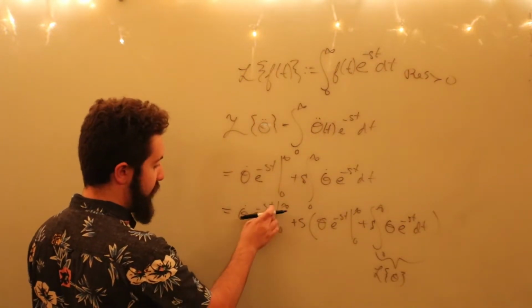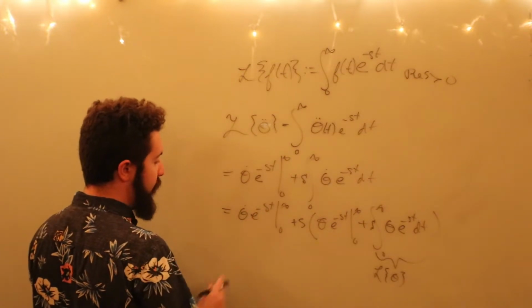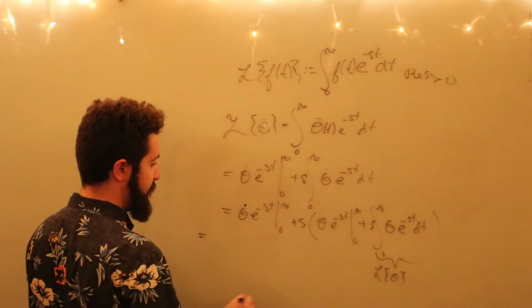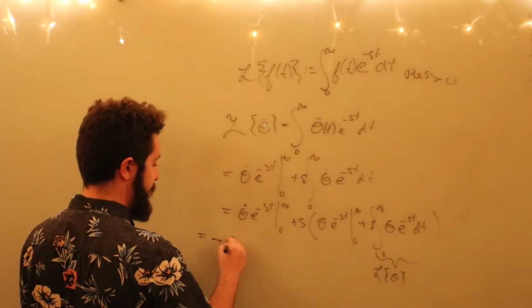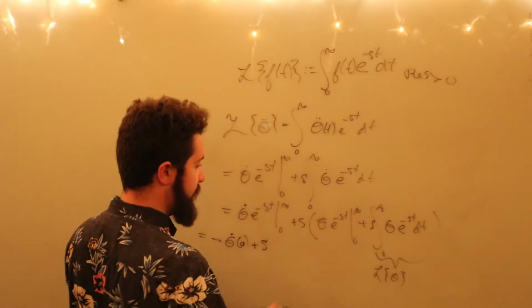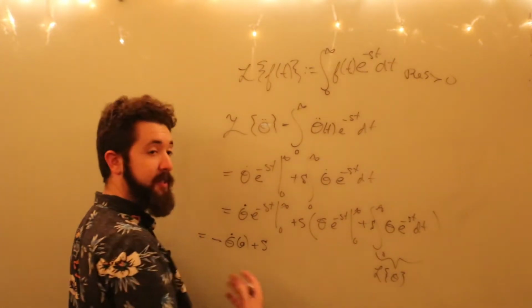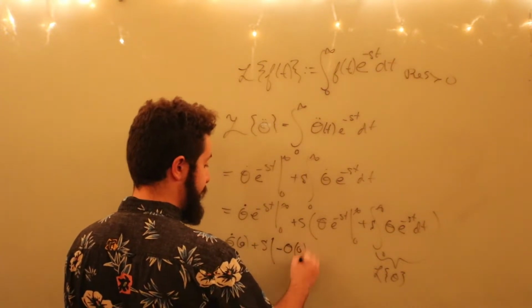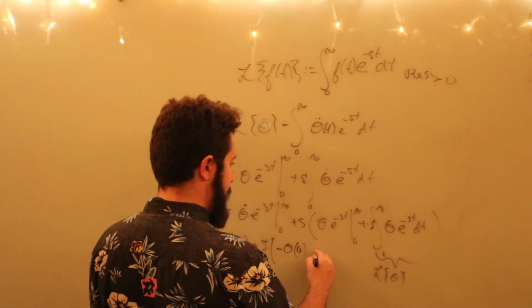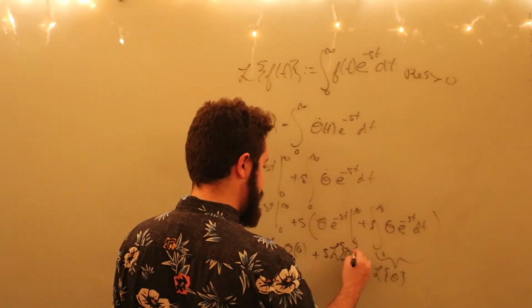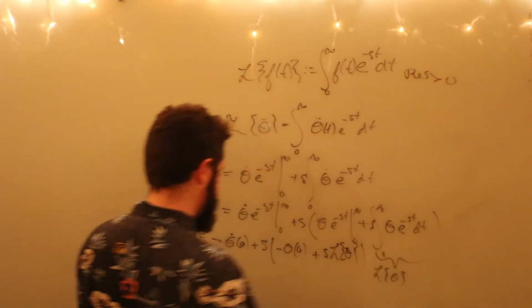And then at 0, that is just going to become 1, and we're going to want theta dot of 0. So this is going to be equal to negative theta dot of 0 plus s times, in a similar situation, negative theta of 0, and then plus s times the Laplace transform of theta.